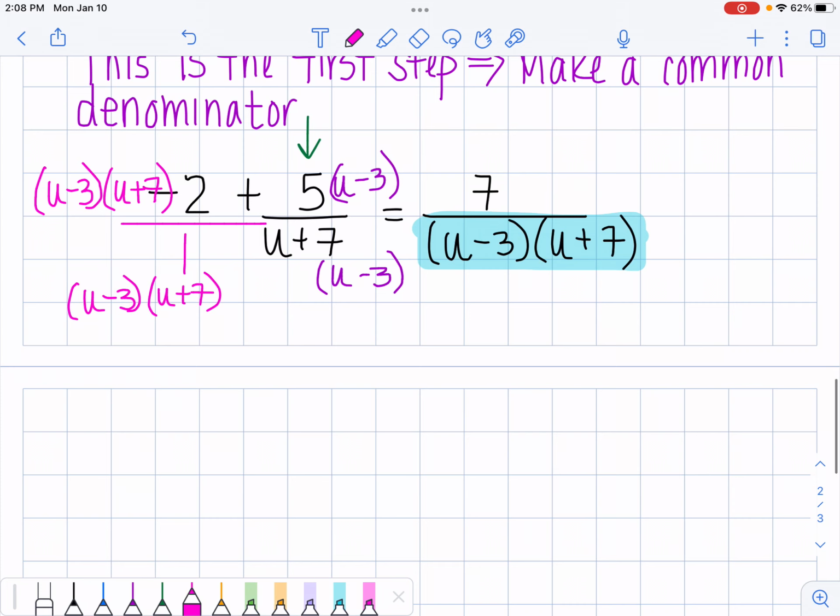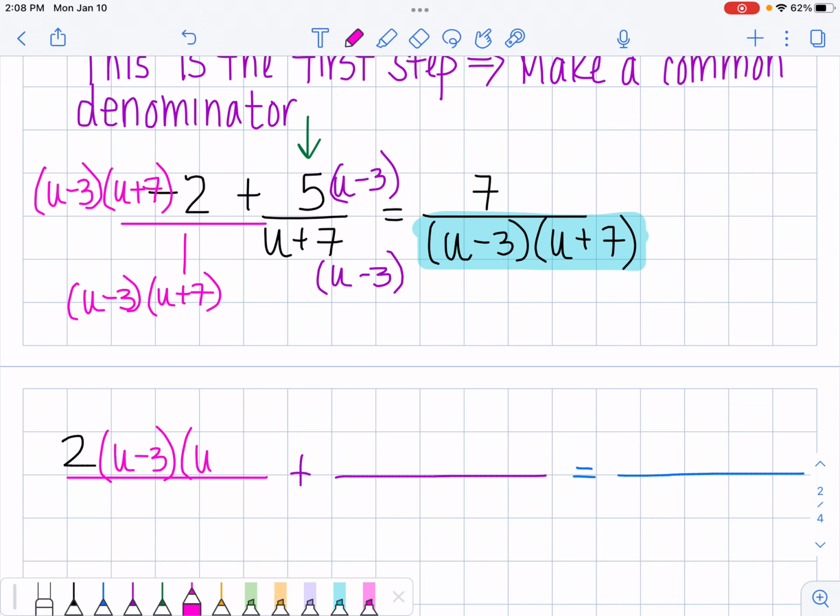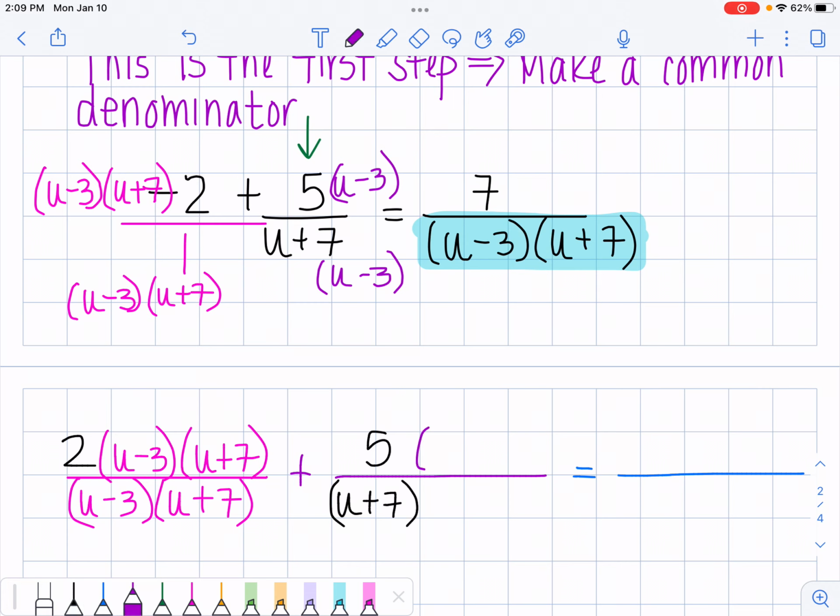When I write this all out, what we did in purple equals what we have in blue. For my pink one, I have my 2 and I multiplied by u minus 3 times u plus 7, and my denominator is u minus 3 times u plus 7. So I multiplied by that on the top and the bottom. For my second one, I had 5 over u plus 7, and I multiplied by u minus 3 on the top and u minus 3 on the bottom. So my denominators are the same.